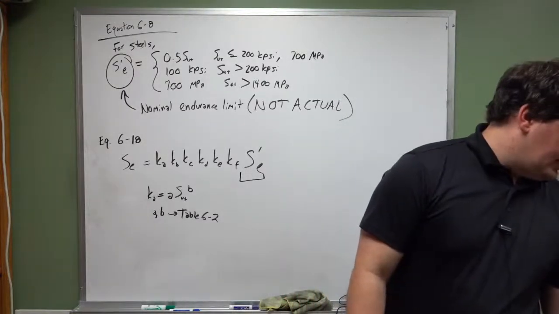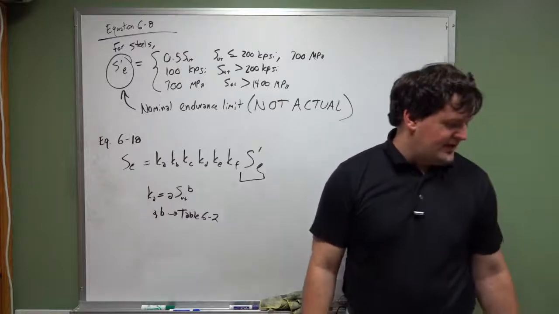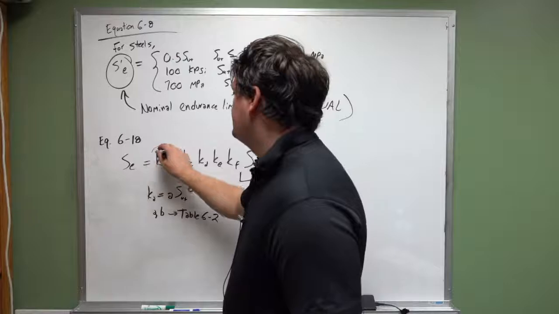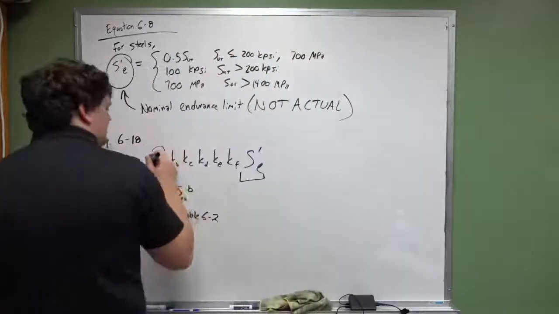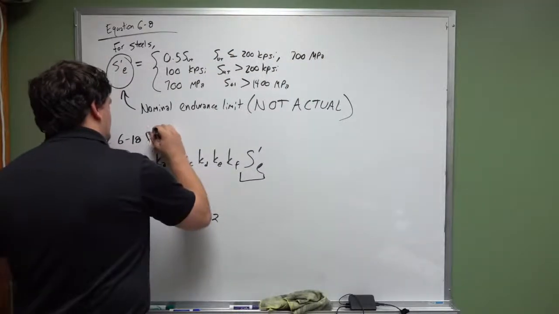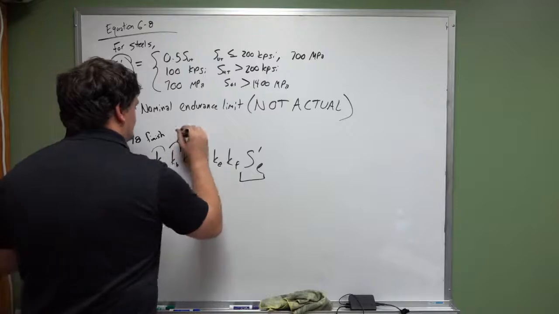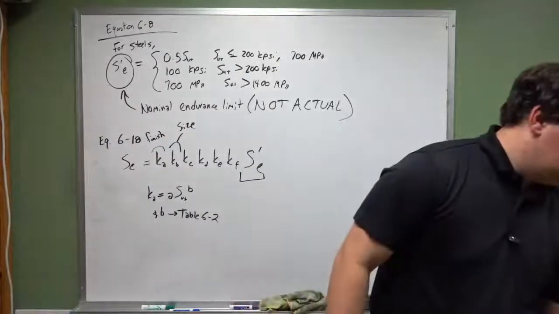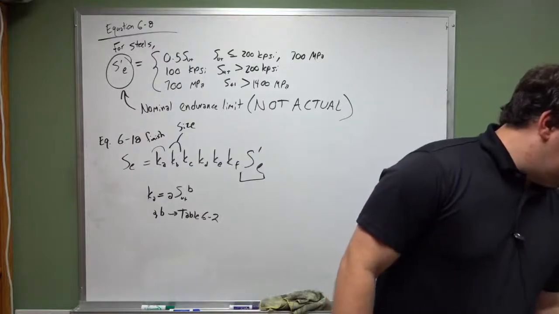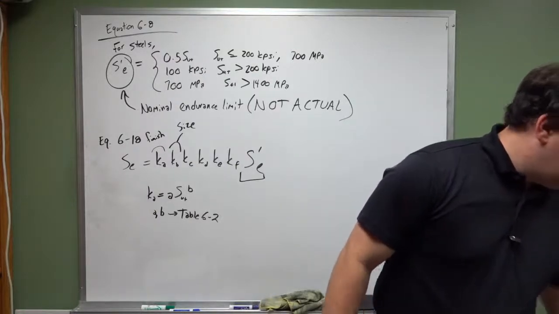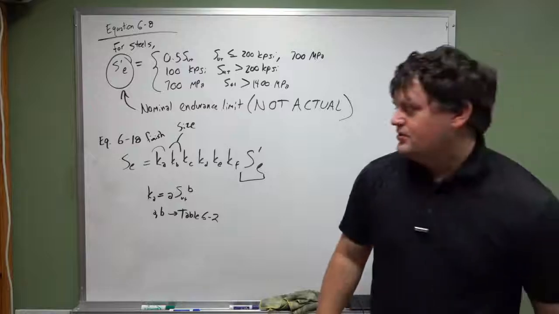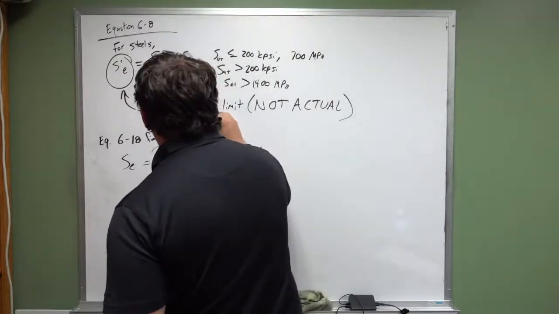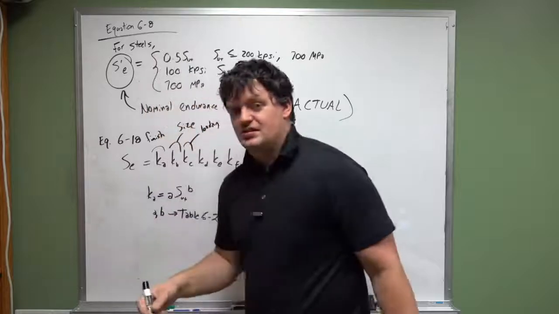Okay, Kb is a factor that depends on the size. So Ka depends on finish, and Kb depends on size. For Kc, this is where you're talking about the modality of loading. Is it in tension? Is it in compression?